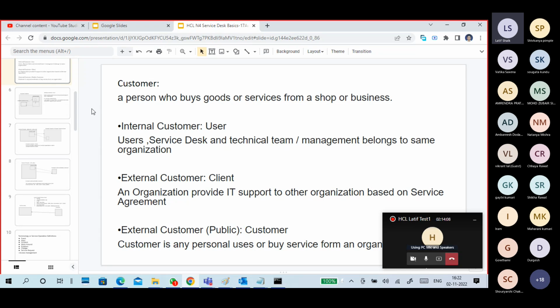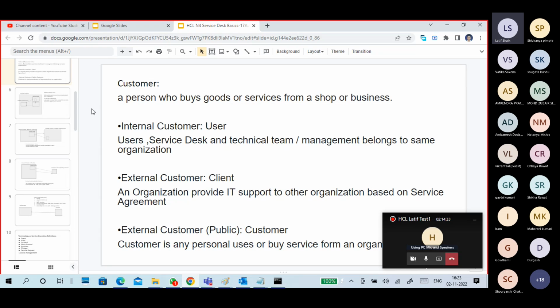External customer means I build an application, or maybe I'm maintaining a web server, or some mail services. I'm a service provider to another organization. So in that organization, they may get some problem with my application, my server, my infrastructure access, or my database.